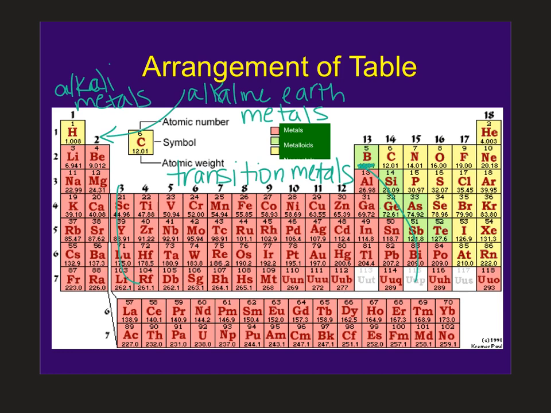So this will be the boron family, carbon family, nitrogen family, oxygen family. And then for group 17, we call these guys the halogens. And finally, we end with our noble gases, which are in group 18.